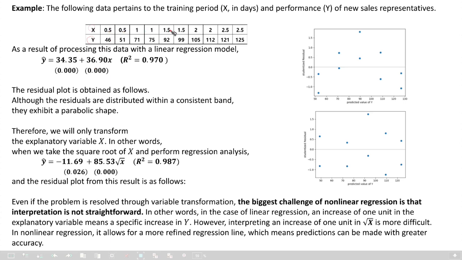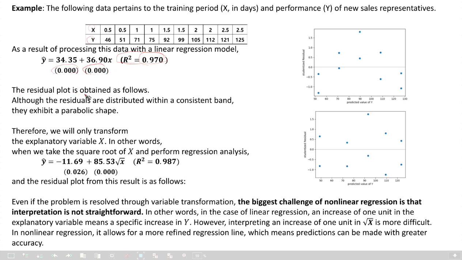There are 10 persons. As a result of processing this data with a linear regression model, y hat equals 34.35 plus 36.9x. R square is 0.97. It is a pretty high R square. And the p-value is 0.0, almost 0.